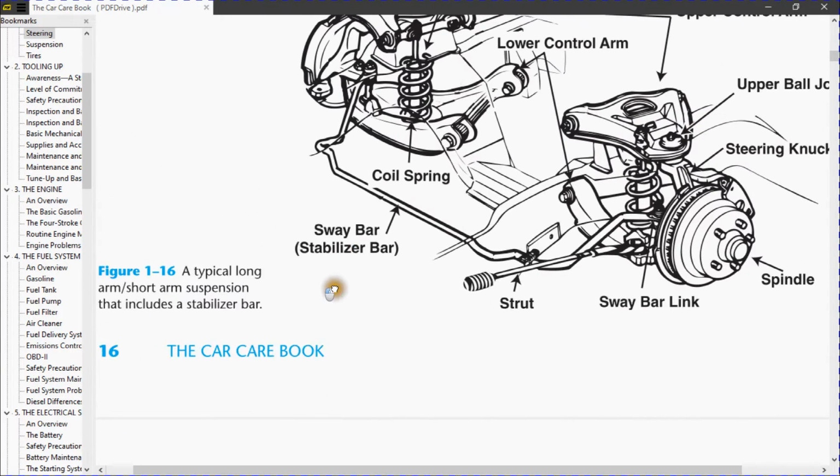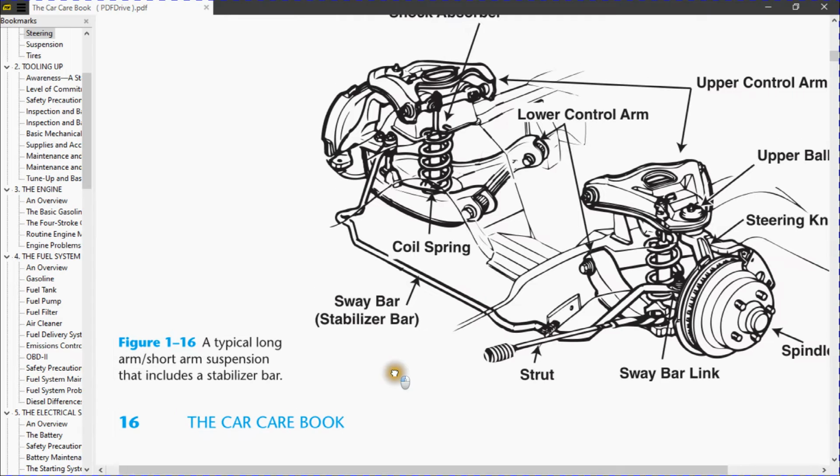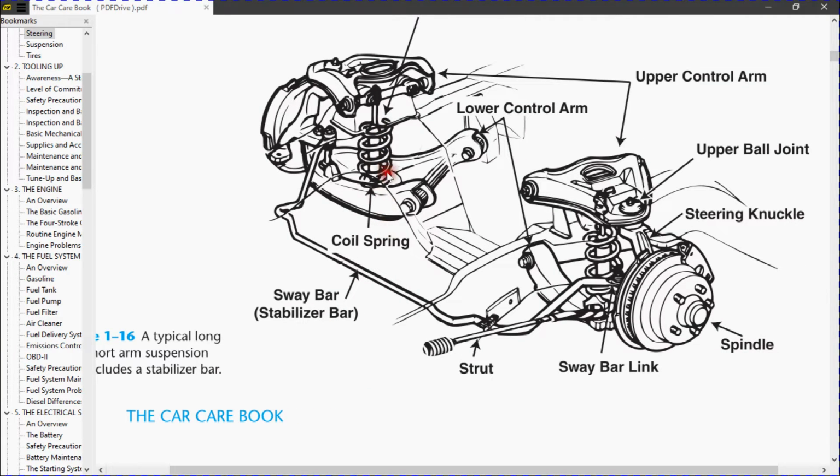This is a typical long arm, short arm suspension that includes a stabilizer bar. This is the coil spring, and the stabilizing bar is there, and here are the spindle, lower control arm, upper control arm, and steering knuckle.